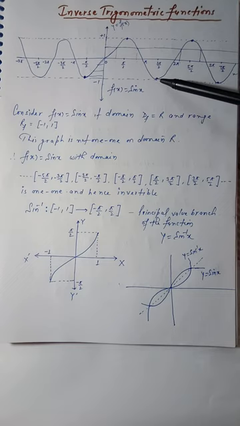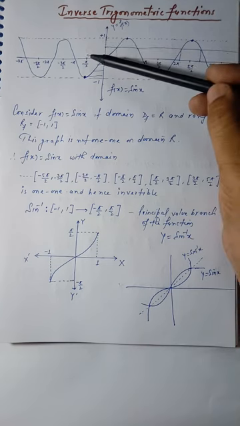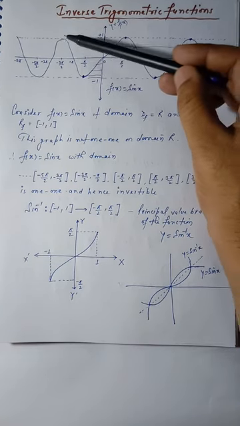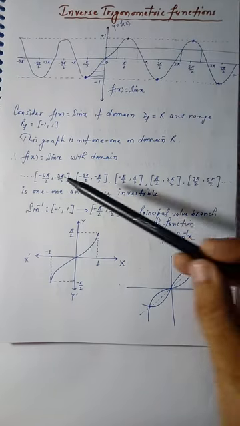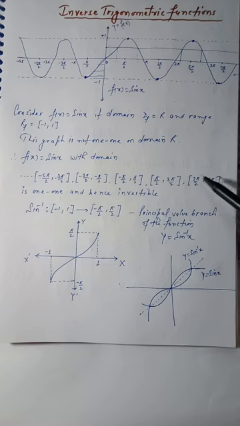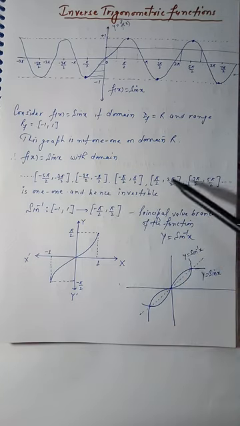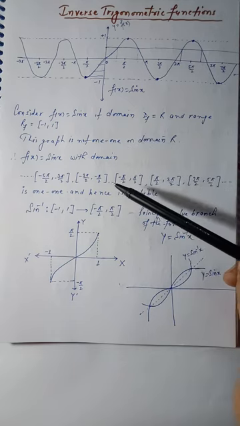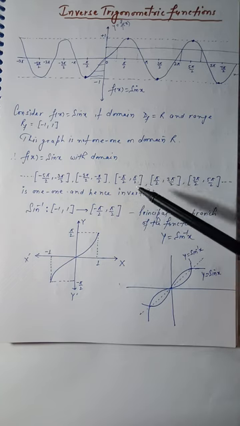If we take this portion, like pi by 2 to 3 pi by 2, or 3 pi by 2 to 5 pi by 2, similar cases hold here also, like minus pi by 2 to minus 3 pi by 2, minus 3 pi by 2 to minus 5 pi by 2. So there are different intervals, and in these intervals the sine function is a one-one function, and hence, if it is one-one, then inverse is possible.